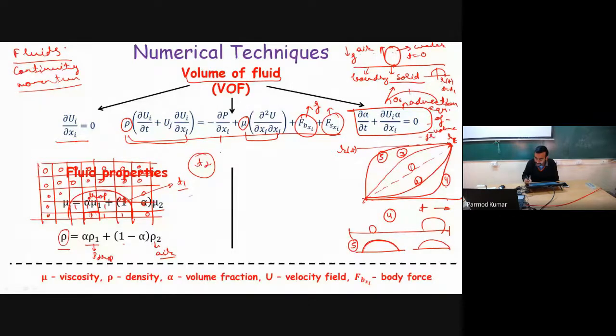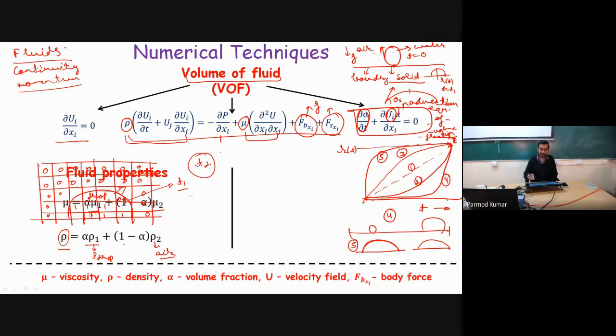So this volume fraction equation will tell us how this alpha is changing with time depending upon the value of velocity at the interface.